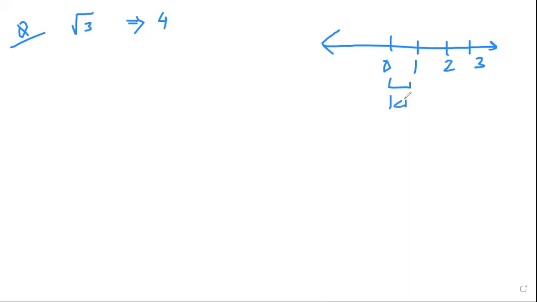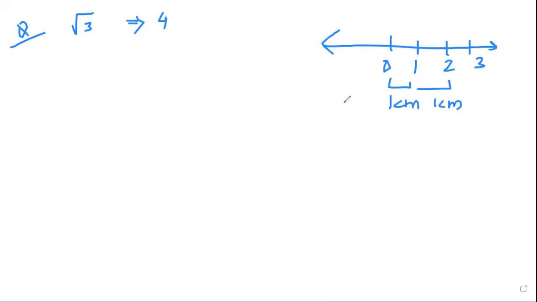Okay, how much will we take for one unit on the number line? Usually you take 1 centimeter, because the numbers are like this.